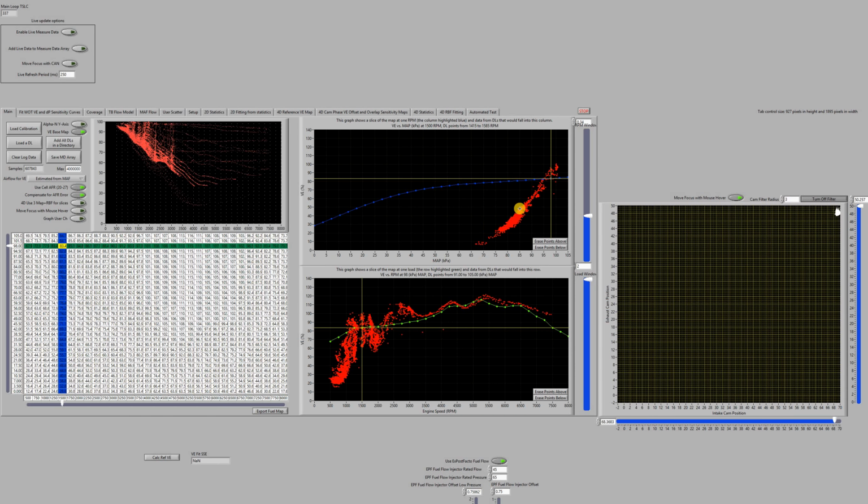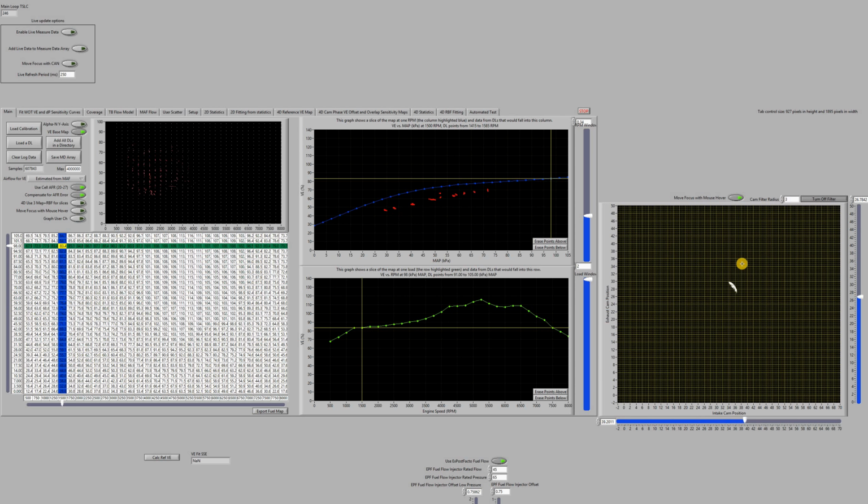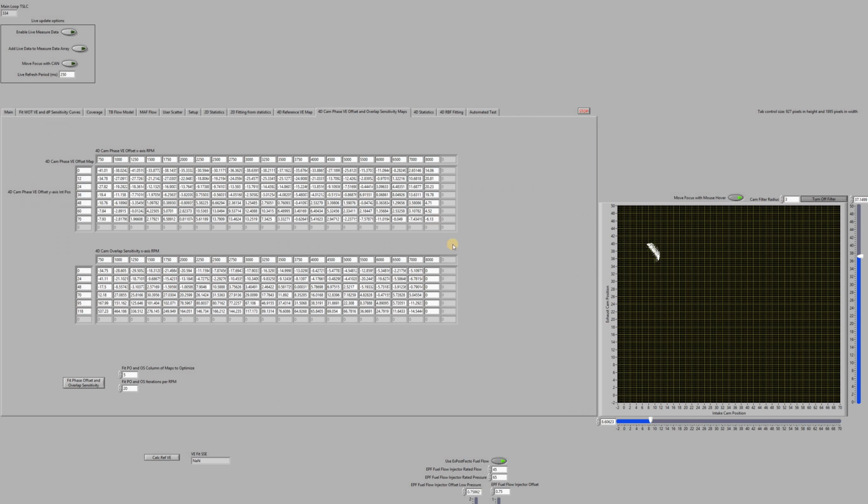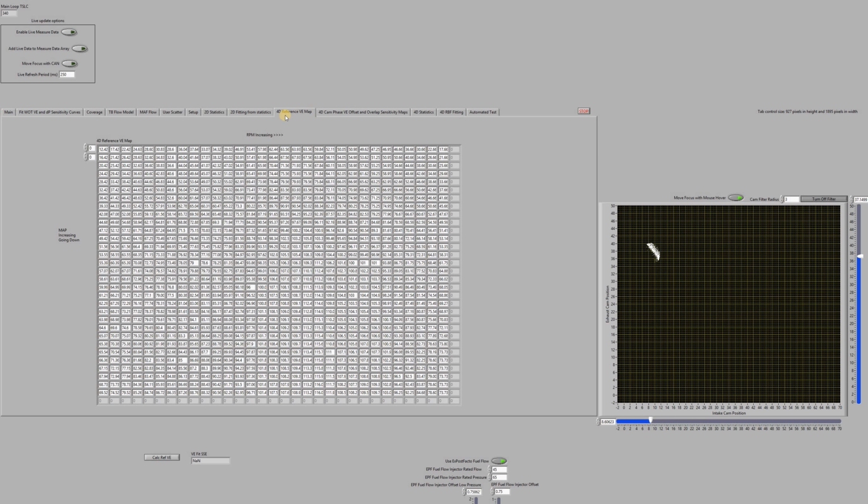So the challenge is, how do you account for that? One of the things that I've been playing around with is a reference VE map that's essentially based on the VE at the parked position, in the event that there's a failure or something like that.